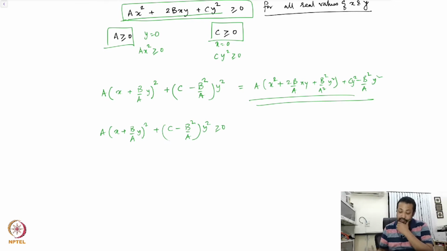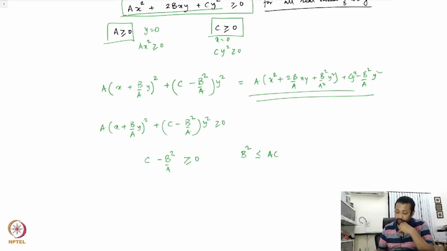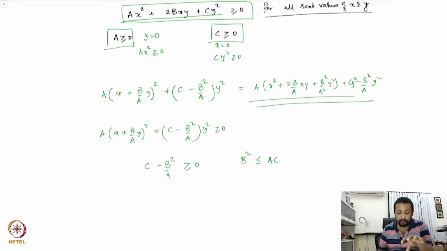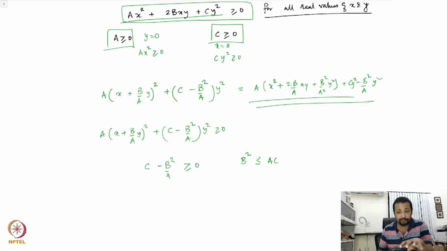Once again, this would mean that c minus b square over a must be greater than or equal to 0, which means that b square must be less than a times c. Note that together with the previous constraints, this one is superfluous, because I already know that a is positive and c is positive.